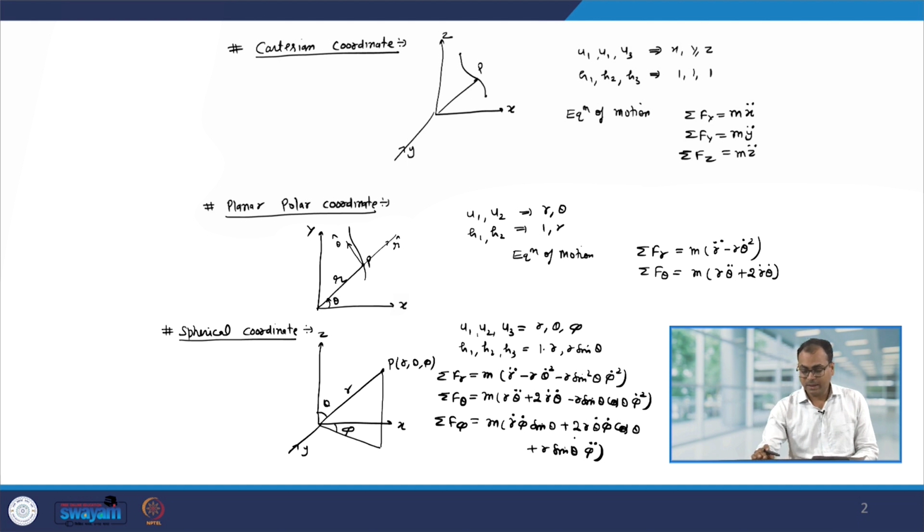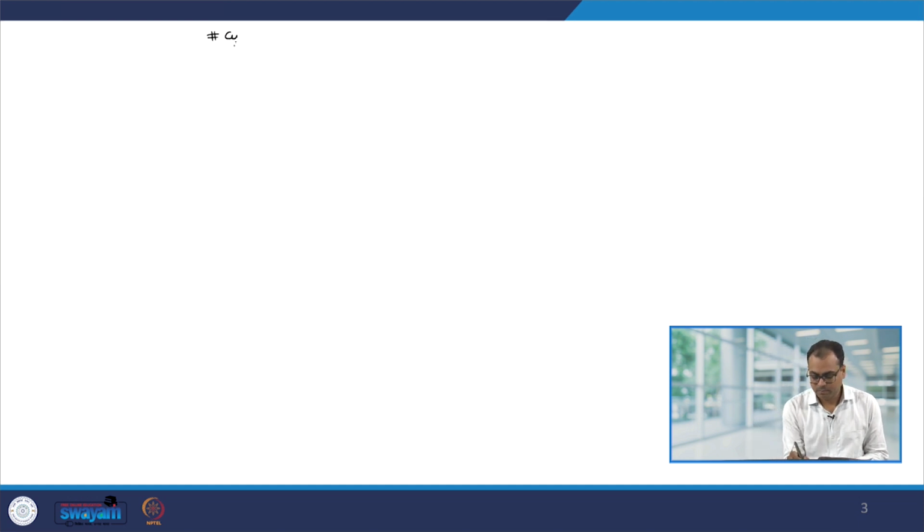In cylindrical coordinate system, we have r, phi and z.